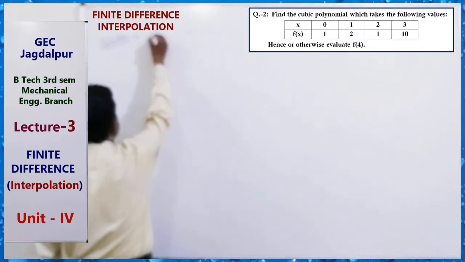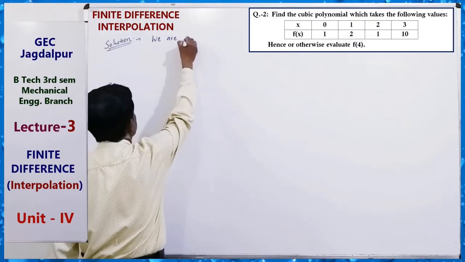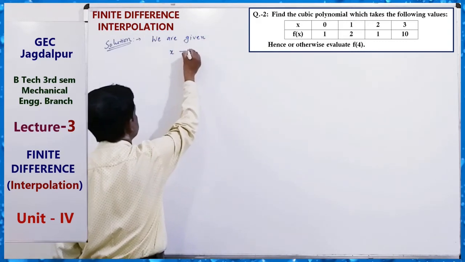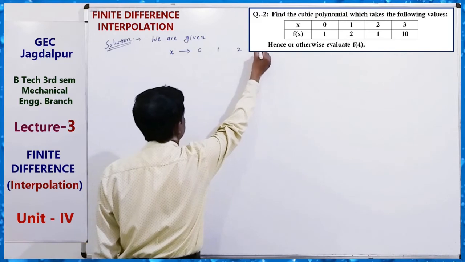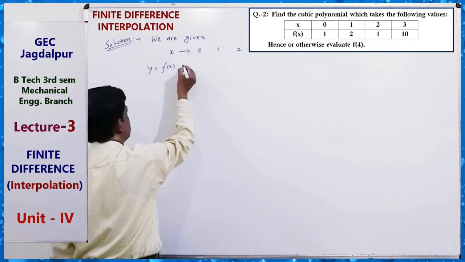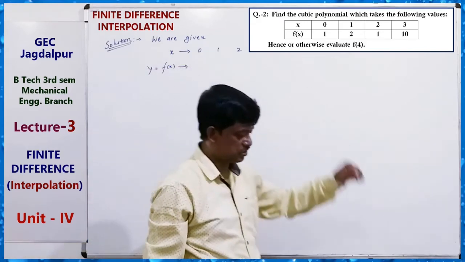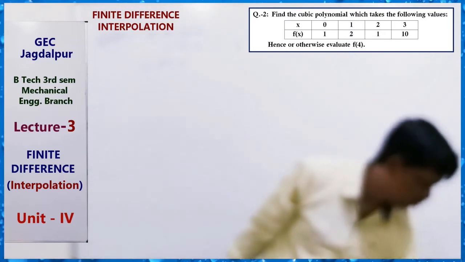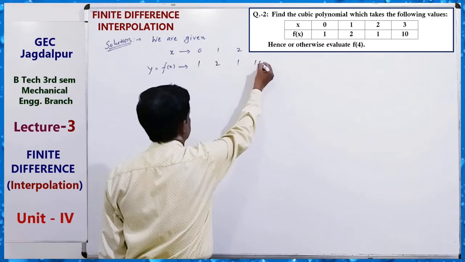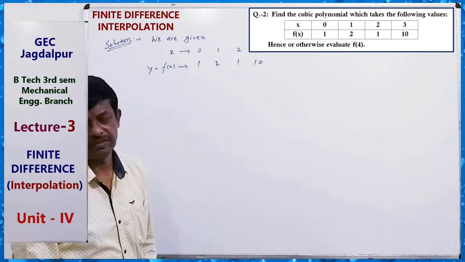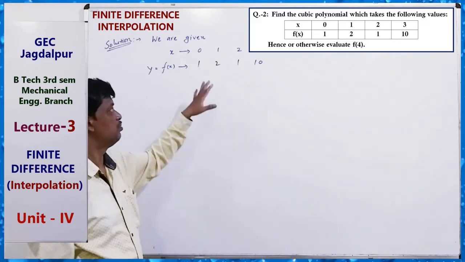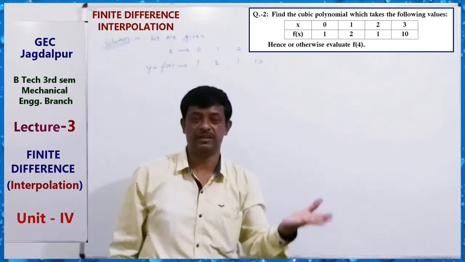We are given x value 0, 1, 2, 3, and fx, you can say y, values 1, 2, 1, 10. Simple data. Maybe the data are large value, but here simple data. The main thing is technique. How can we find it?